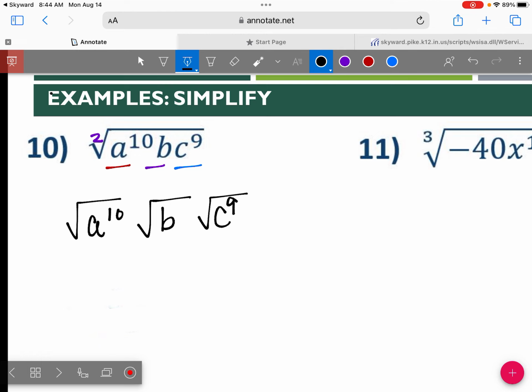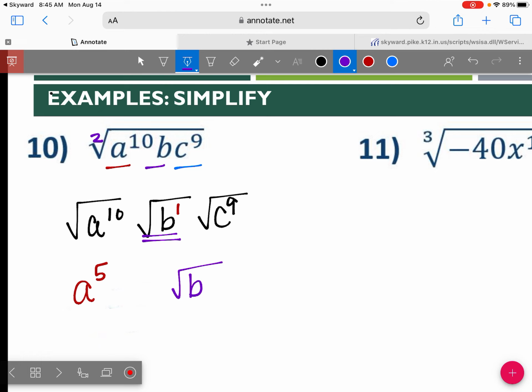So that would just be a to the 5th. But if I only have 1, I can't make a pair. So this entire thing is going to stay. And it's going to stay as just the square root of b.